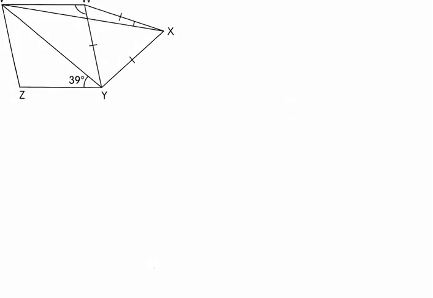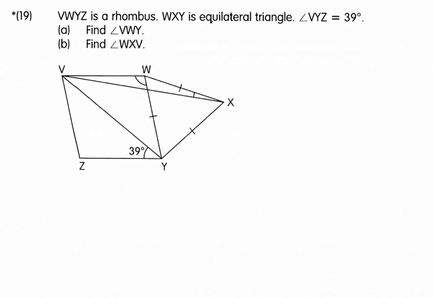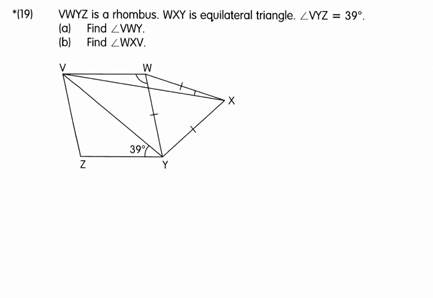I have VWYZ as a rhombus. This is my VWYZ. That means these two lines are parallel. I've got an equilateral triangle here, WXY. Yes, correct. We have 60, 60, 60.